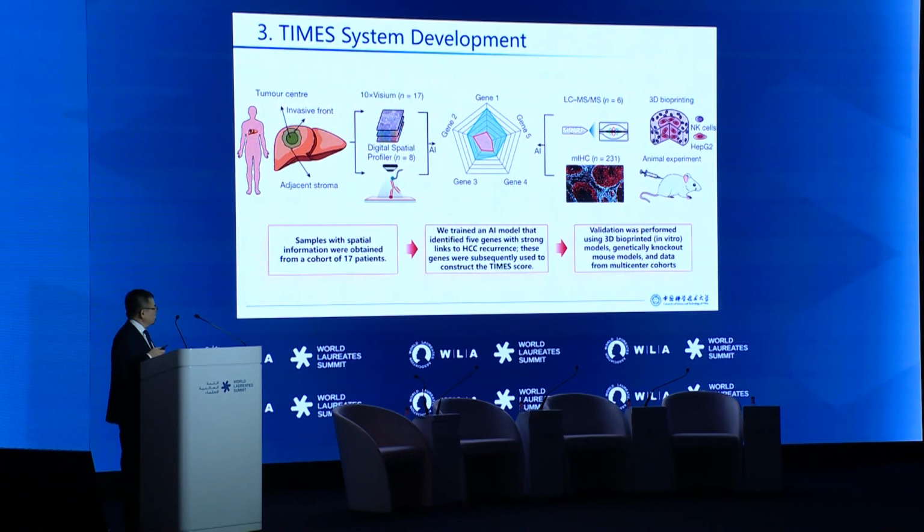These genes were subsequently used to construct what we call the TIMES model, the TIMES score. And validation was performed using 3D bioprinting and genetic knockout mouse models, and data from multi-center analysis.